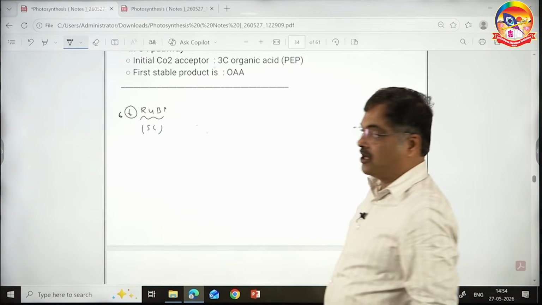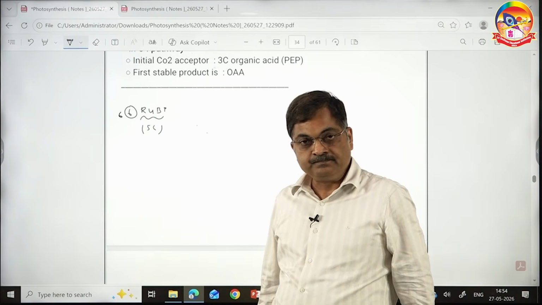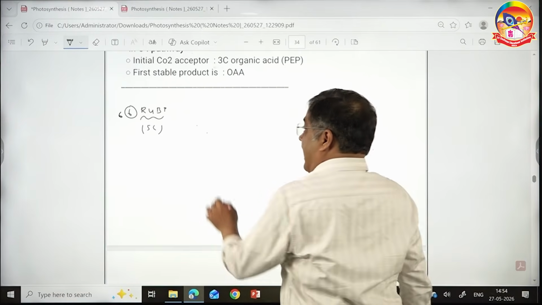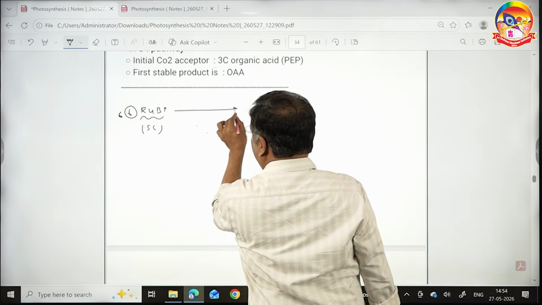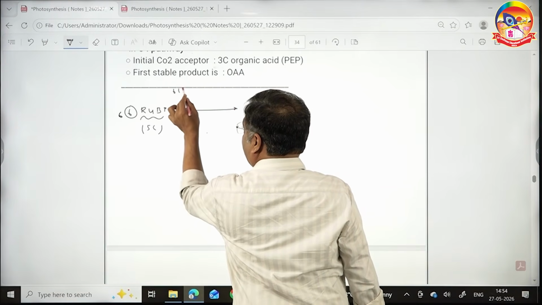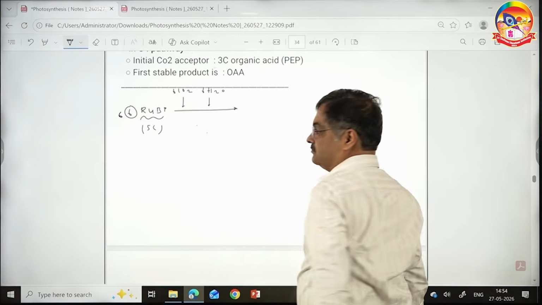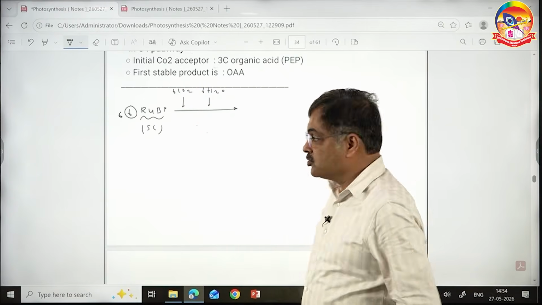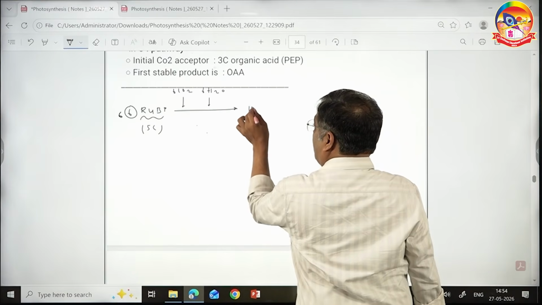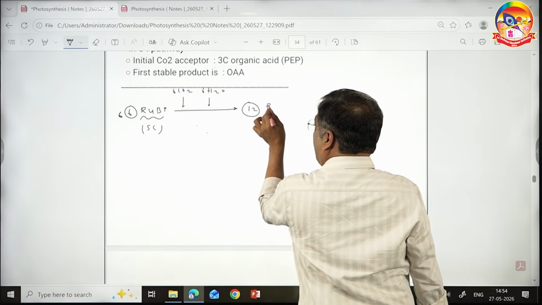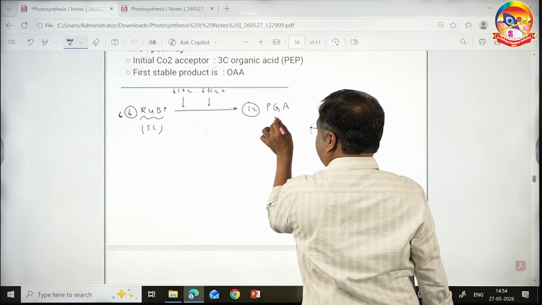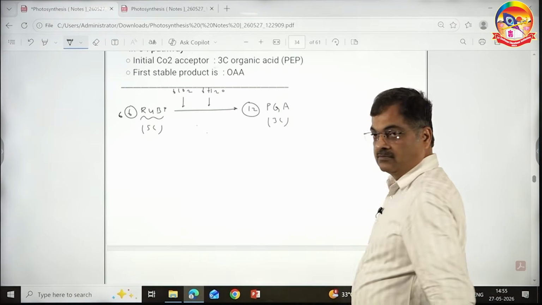I take 6 molecules of RuBP. Then I add 6 molecules of carbon dioxide and 6 molecules of water. What is produced is 12 molecules of phosphoglyceric acid, which is a 3-carbon compound.